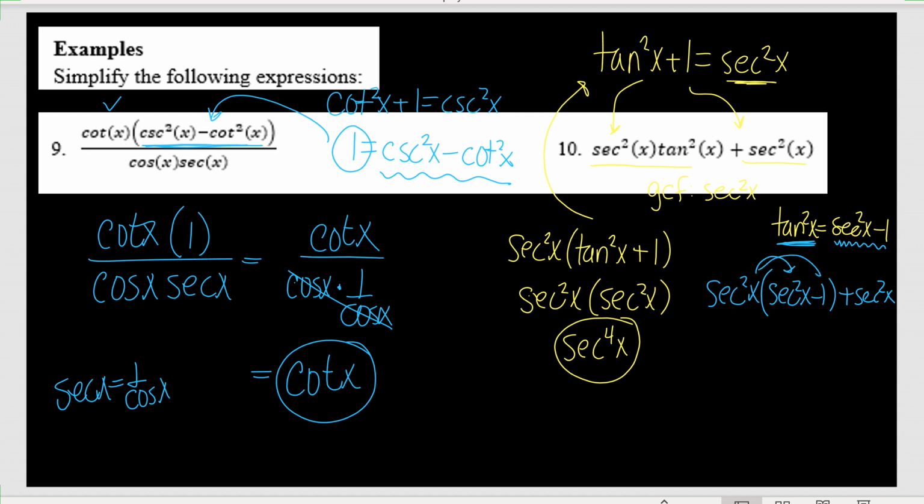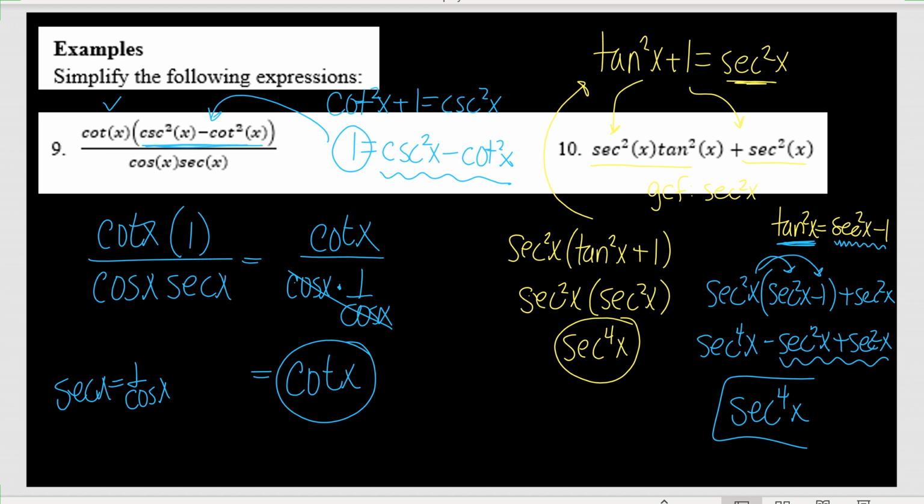Then I'll use distributive property and combine my like terms. Secant squared multiplied by secant squared is secant to the fourth of x. Secant squared multiplied by negative 1 is a negative secant squared of x. And then I have the positive secant squared of x. And those two terms are exact opposites, so when I add them together, they're no longer there, leaving us with secant to the fourth power of x.